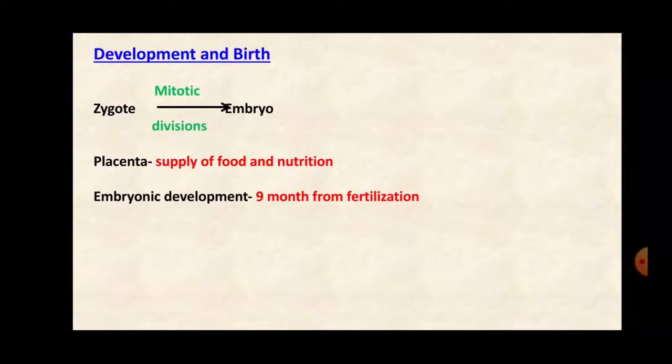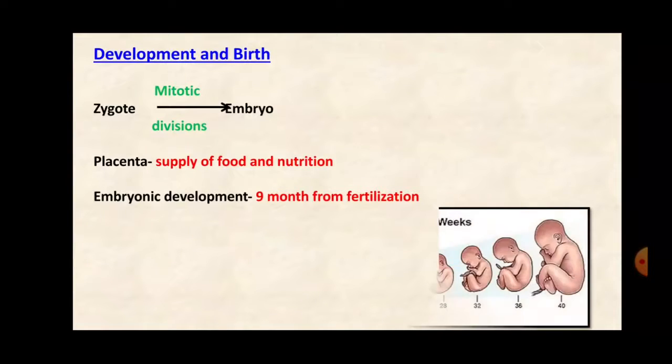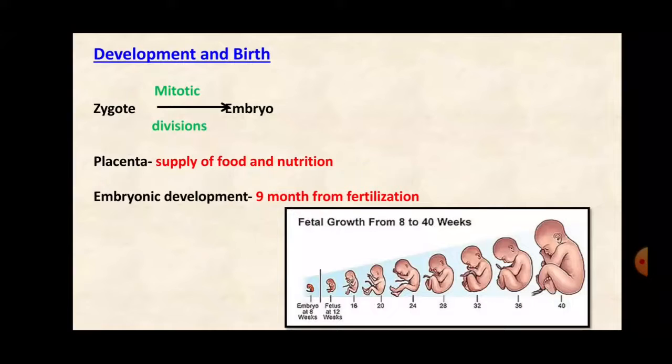So it is also known as embryonic development because it is an embryo that develops. Once the development is completed after the 9 months, the baby is ready to take birth.